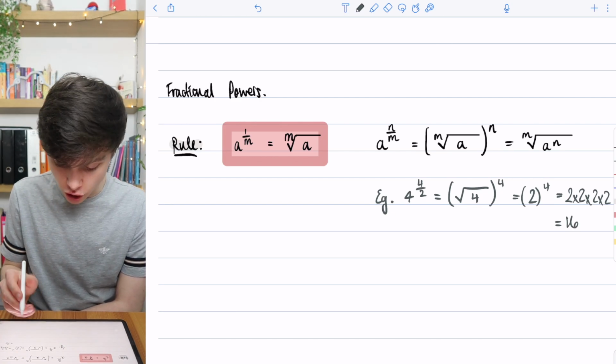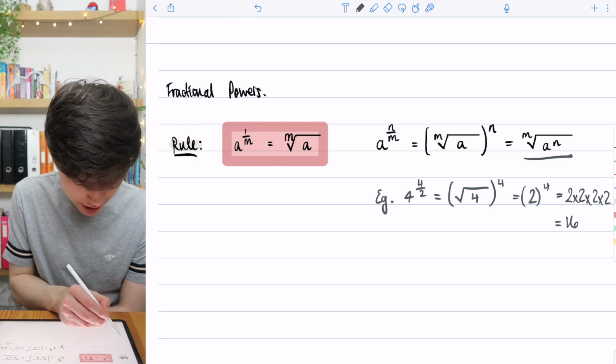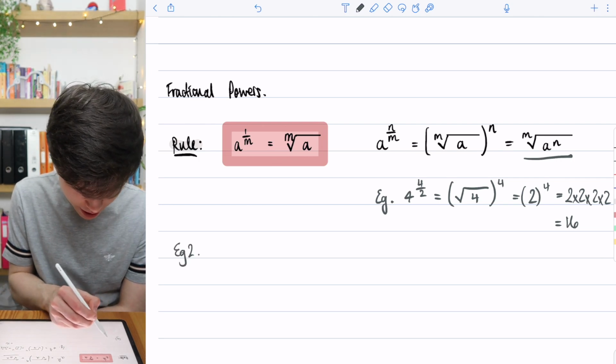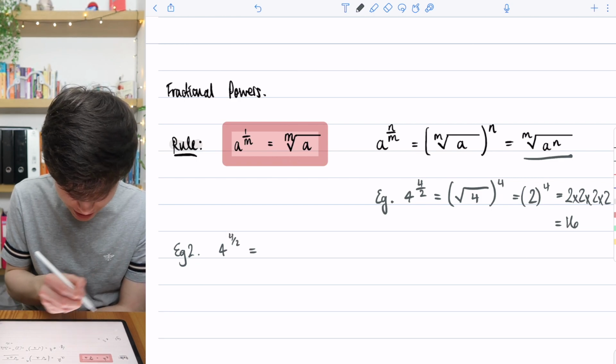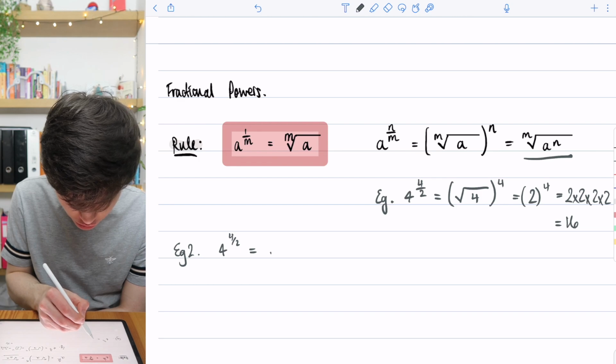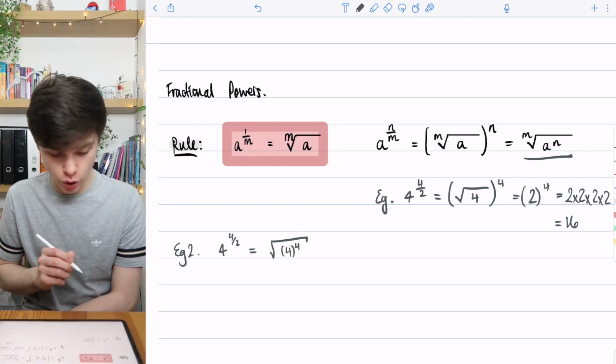Now, we could have done, like I said, this version. So I'll do example 2 here: 4 to the power of 4 over 2 will be equal to the square root of 4 to the power of 4.